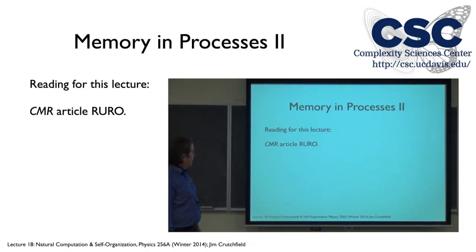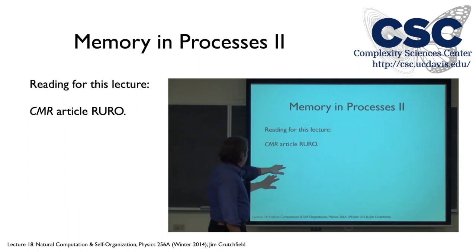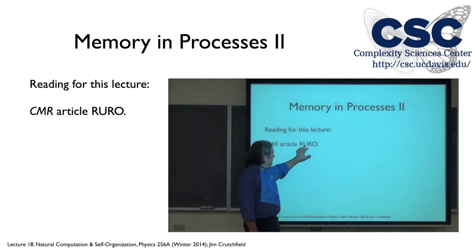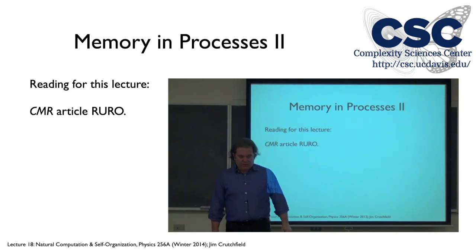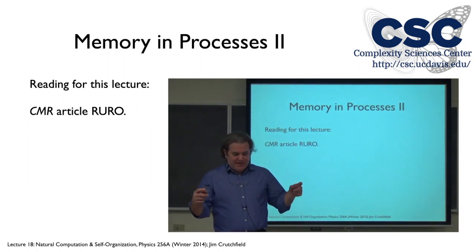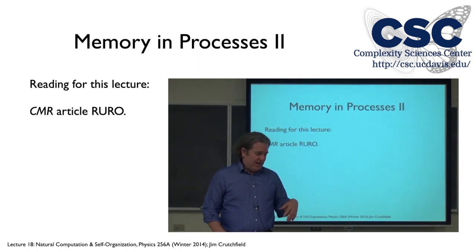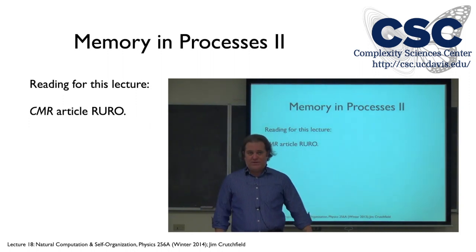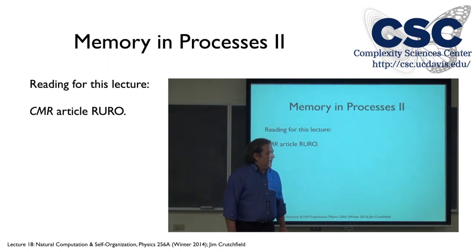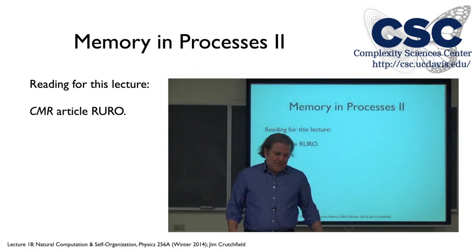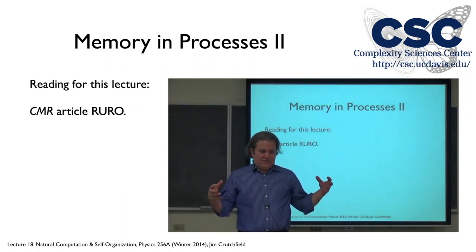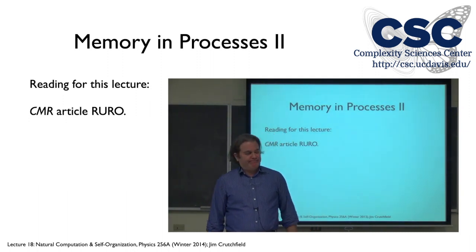So this is the second lecture where we're going through this "Regularities Unseen, Randomness Observed" review paper, extending these notions of Shannon's information to try to answer the question: how do processes store information?